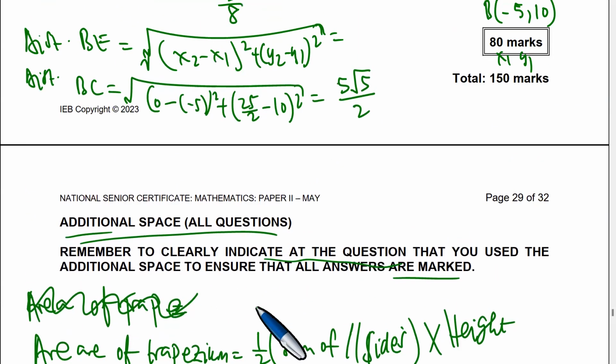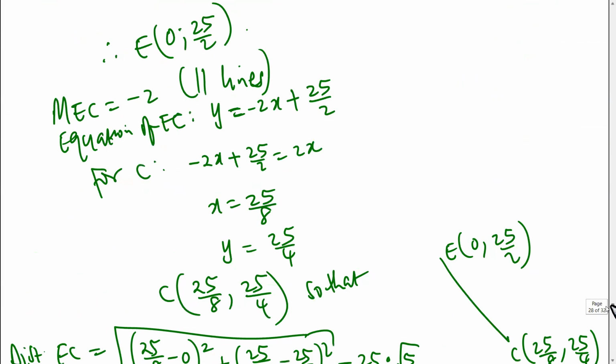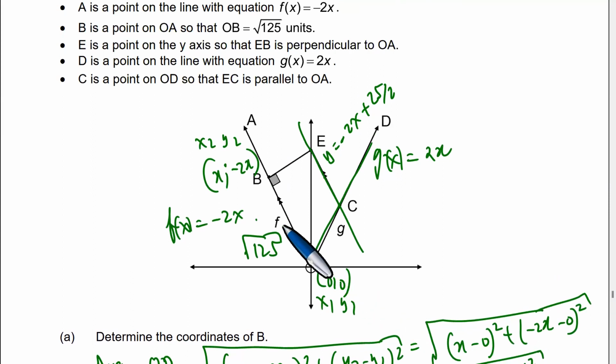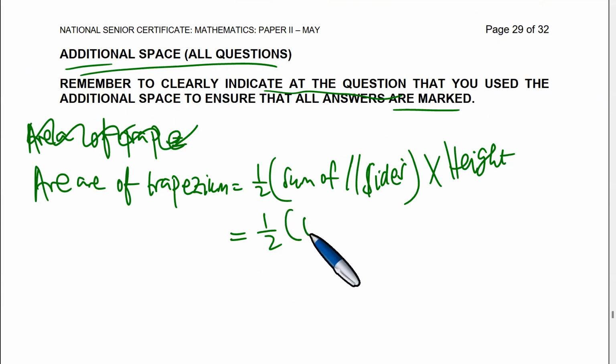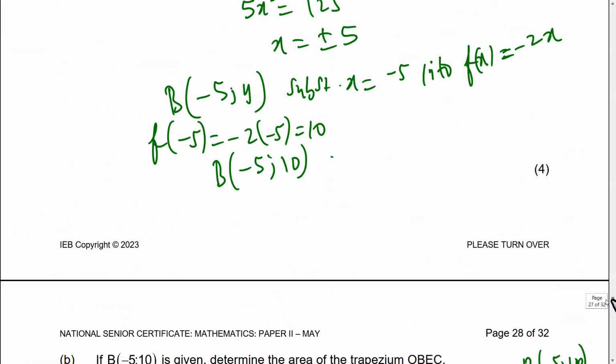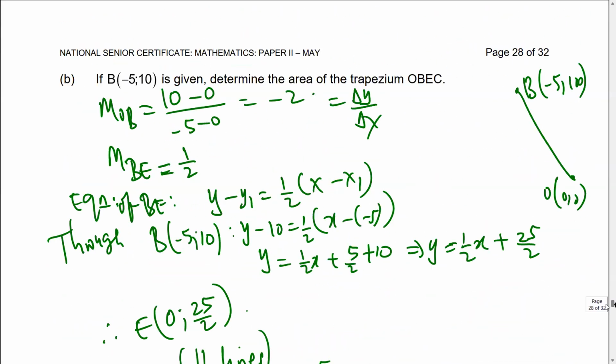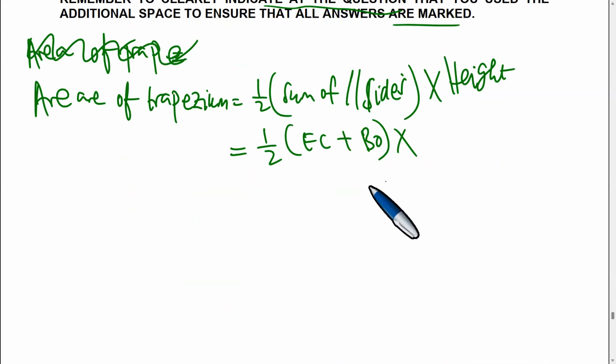Go back to the figure. The parallel sides will be EC plus BO. The perpendicular height is BE.